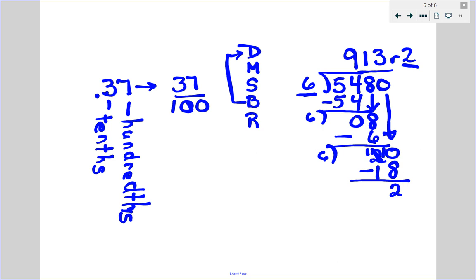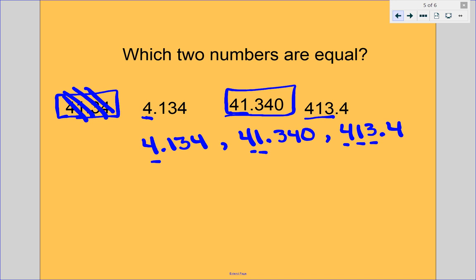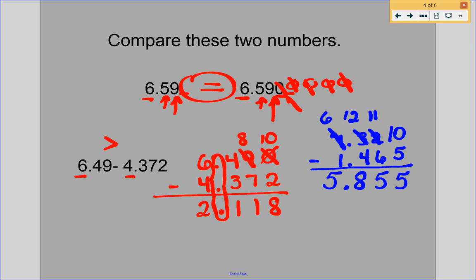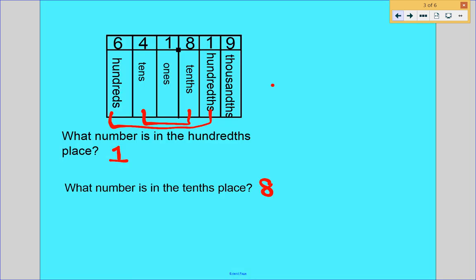I think the rest we'll just kind of review again. Remember, look at what's in the beginning to tell you which number is bigger. If there are zeros at the end, it doesn't matter. And then also our place values, tenths, hundredths, thousandths. Say it out loud with yourself.